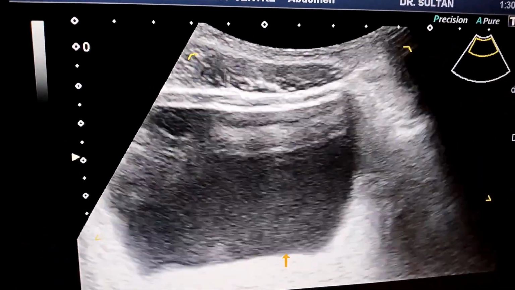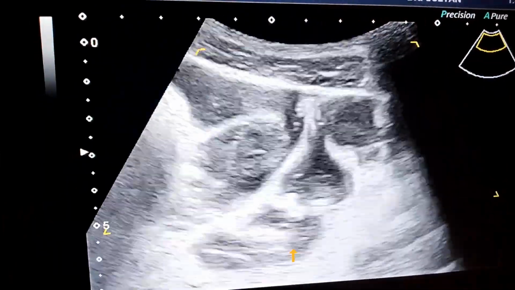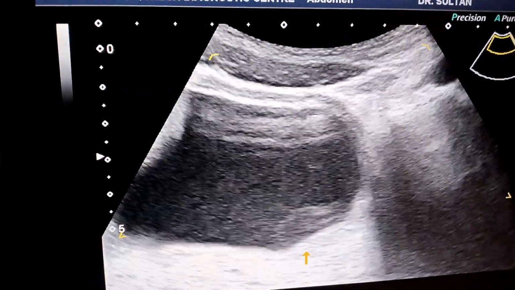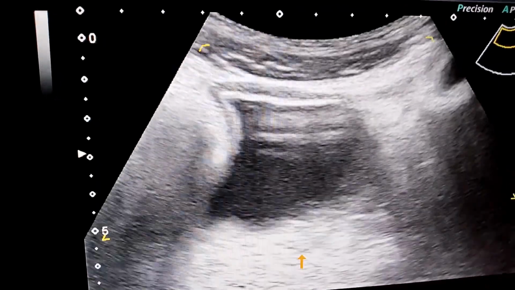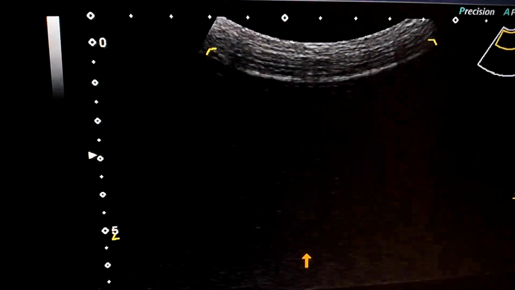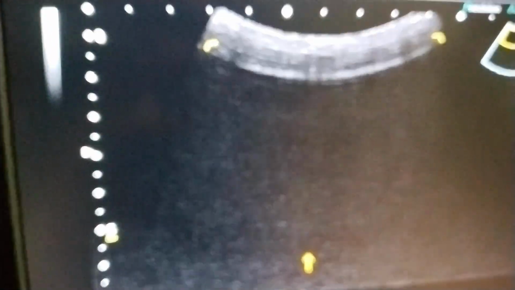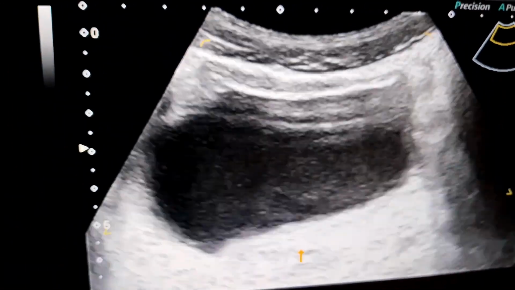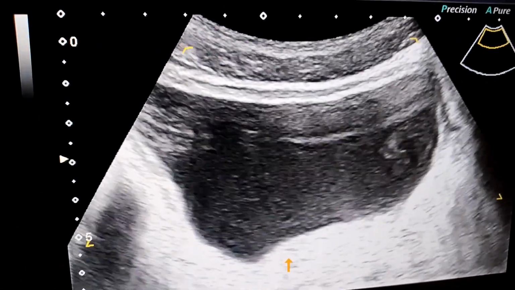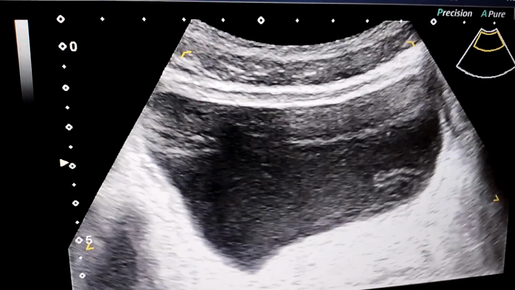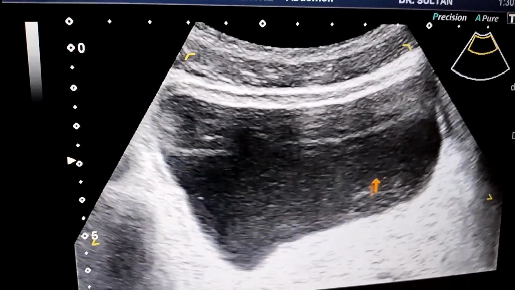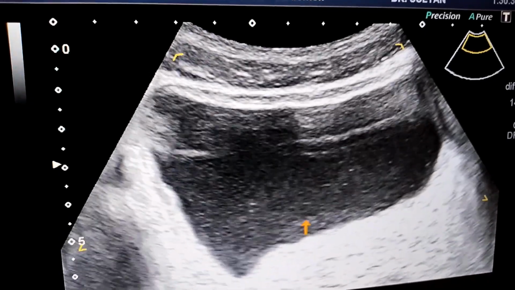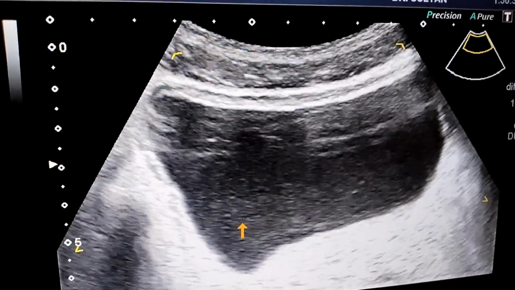And then again toward the other side, and then again into the supine position. Adopting this maneuver, we can appreciate the swirling of the internal echoes, the swirling pattern of the internal echoes.